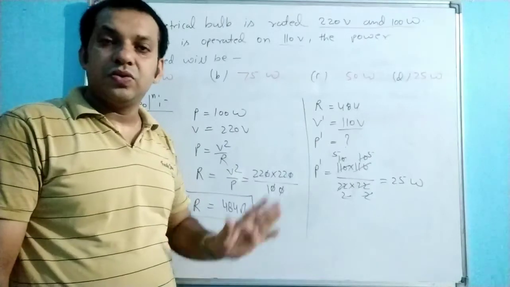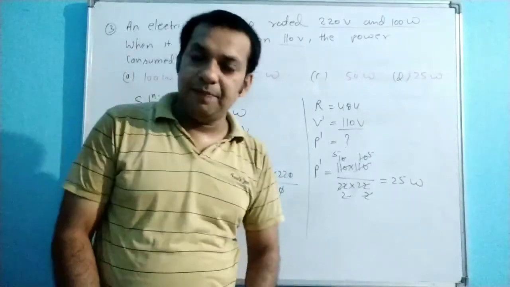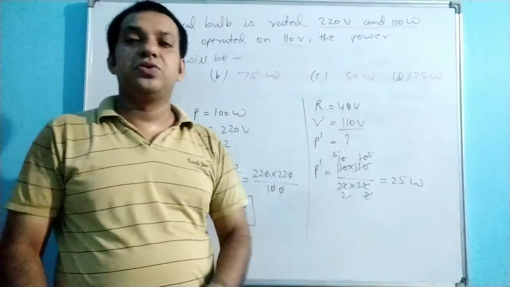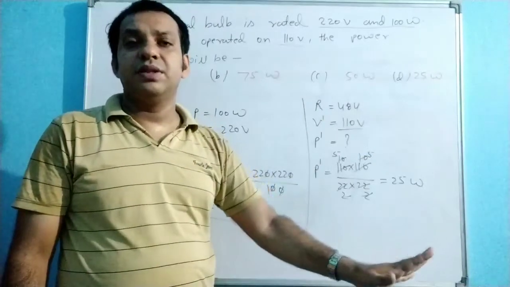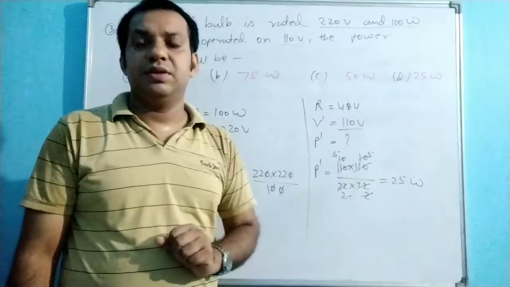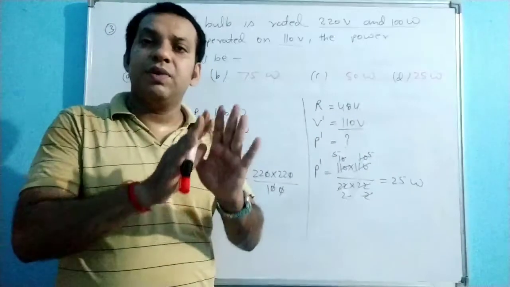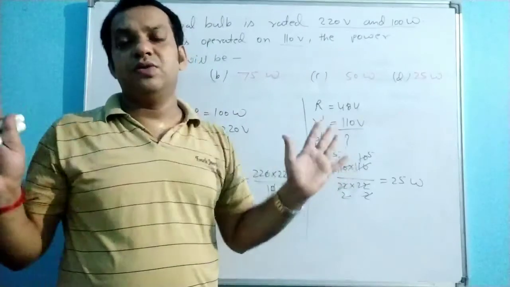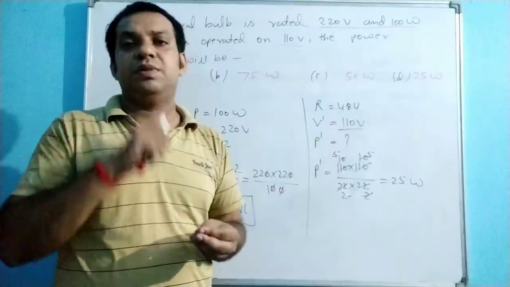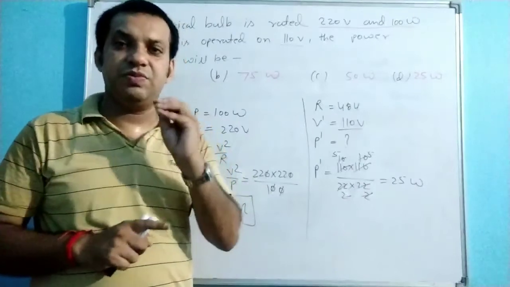Whenever in any numerical the power rating is given, you should be very assured of that. If the power rating is given, that means the value of the resistance is given. Except resistance, all the values are changeable. If you are changing the supply, all the values will change except the resistance of the appliance. Right? So you should be very careful about that.